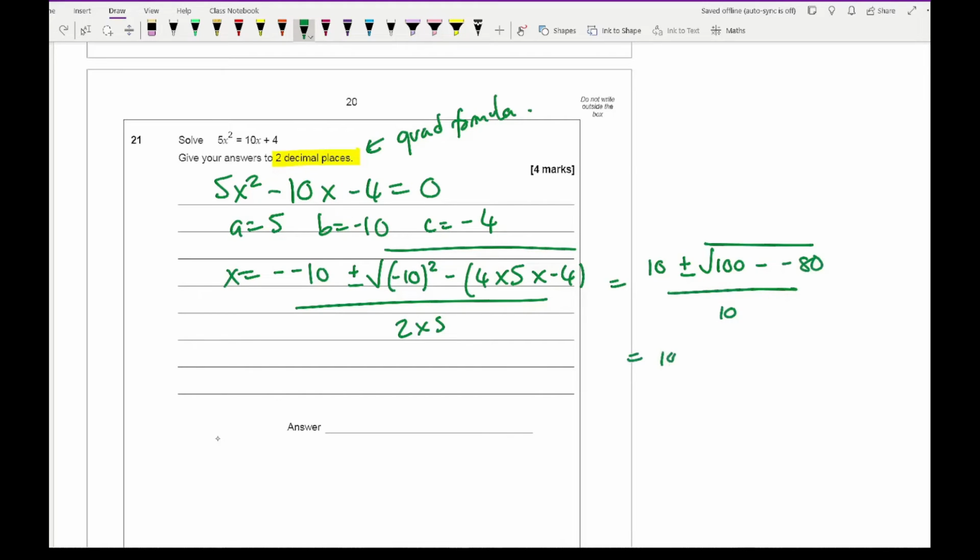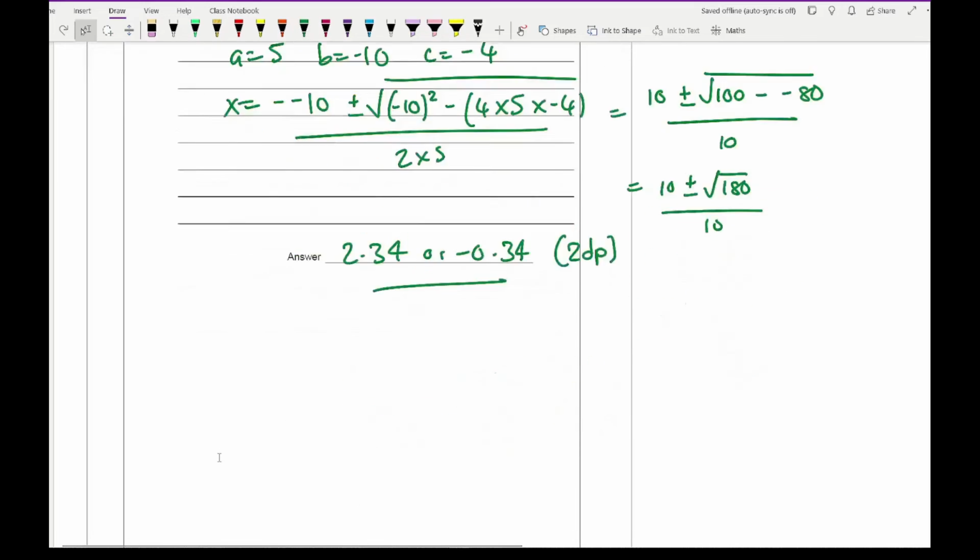So substituting and simplifying it, I get 10 plus or minus root of 180 over 10, and this is where I then type it into my calculator, which I should get the answer of 2.34 or minus 0.34, and they're the answers to 2 decimal places.